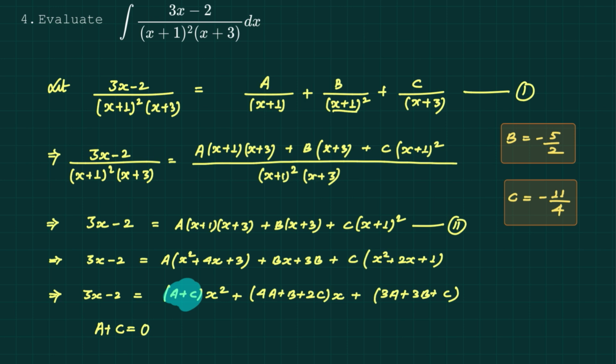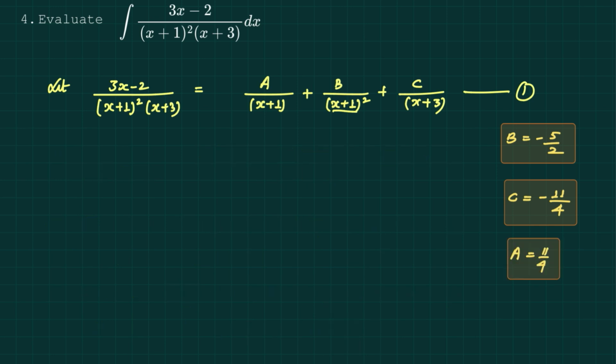So here comparing the coefficients of x square, then we will have a plus c equals to 0. And since we have the value of c as minus 11 by 4, so we will put it here. So this implies a, the value of c is minus 11 by 4 equals to 0, and hence the value of a equals to 11 by 4. Now let us put back the value of a, b and c in equation 1.